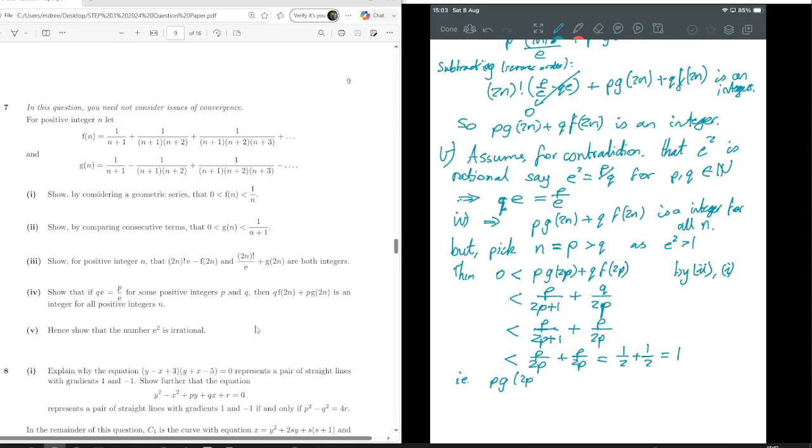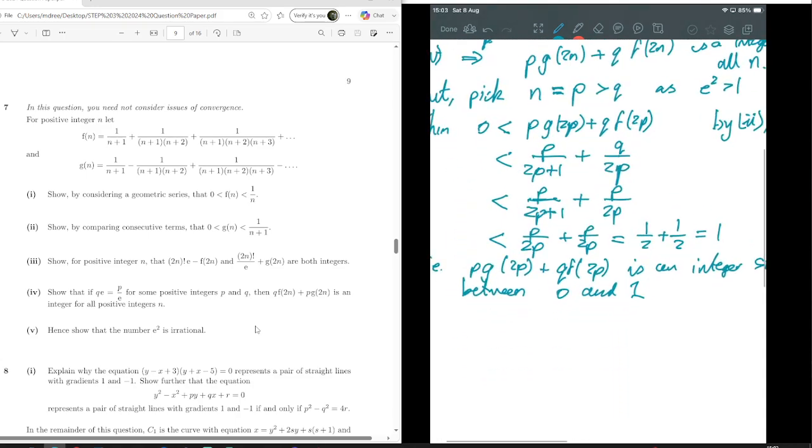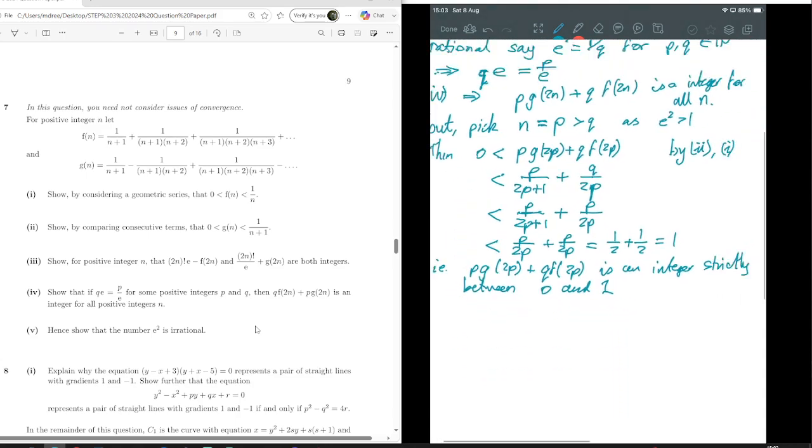i.e. pg 2p plus q f of 2p is an integer strictly between 0 and 1. Well, if you can tell me an integer between 0 and 1, I'll be slightly worried.